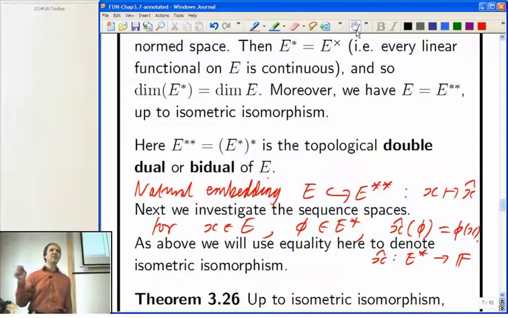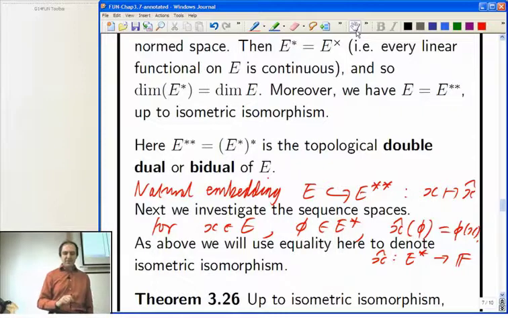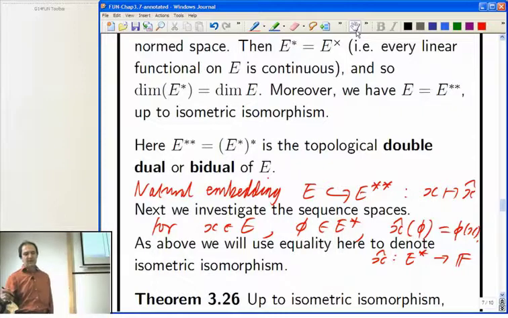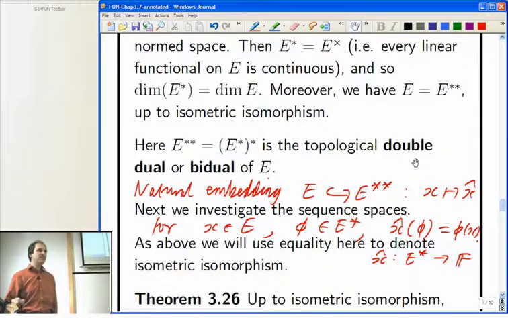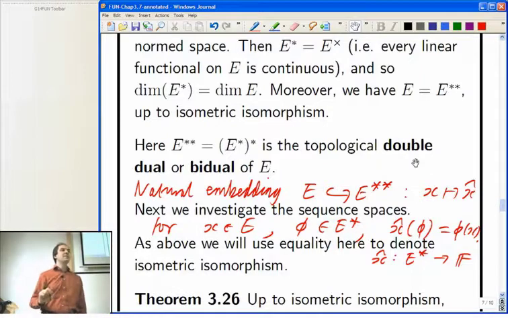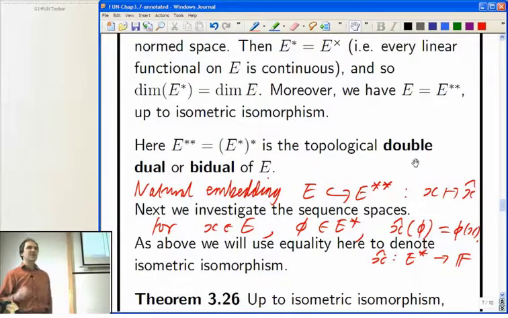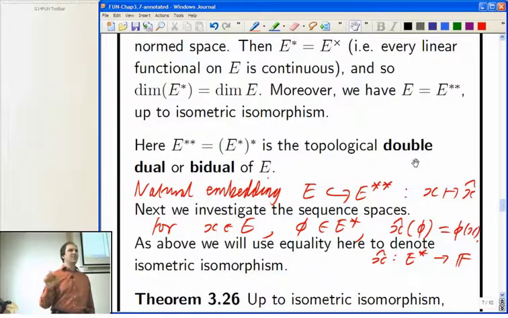Then you take the dual again, and you get the same dimension again. And the E is isometrically isomorphic to E double star or E star star, the double dual or the bidual. As I said, the bit about the isometric isomorphism there is the least obvious bit, and you can get that from the finite dimensional version of the Hahn-Banach theorem, which we'll be discussing some of in the next section.